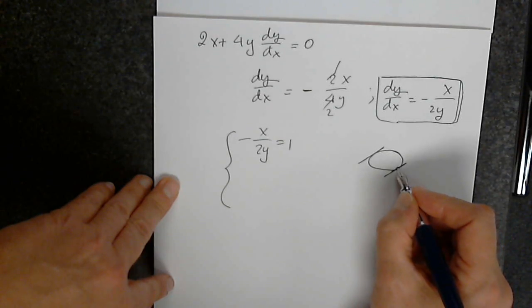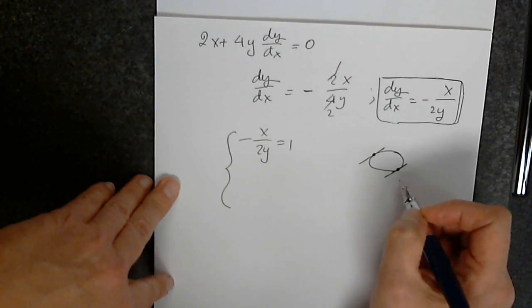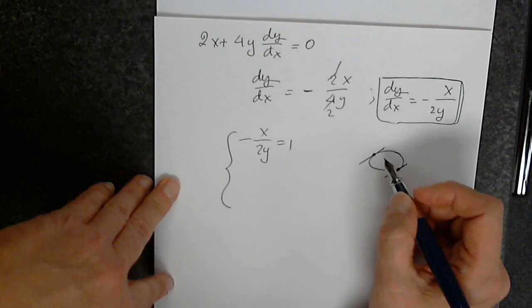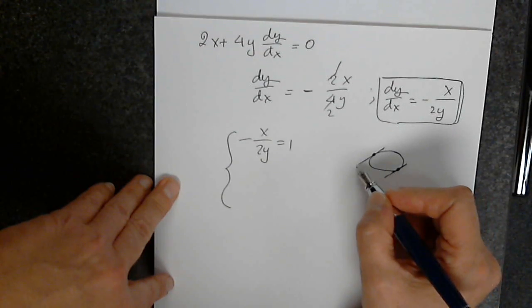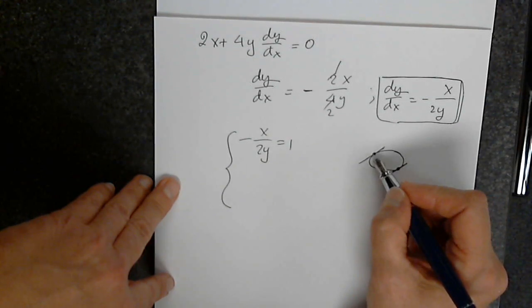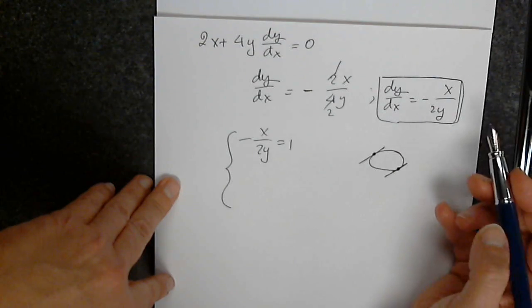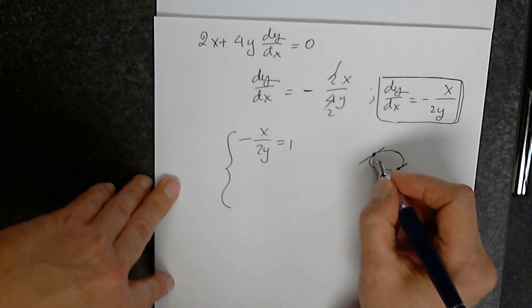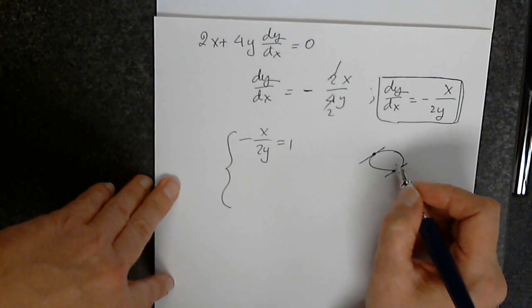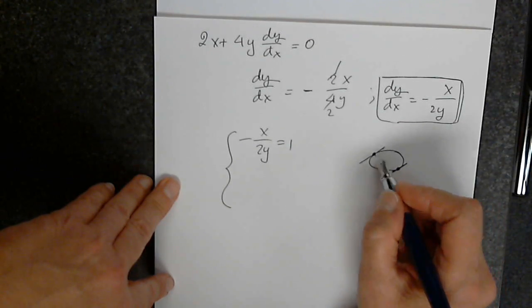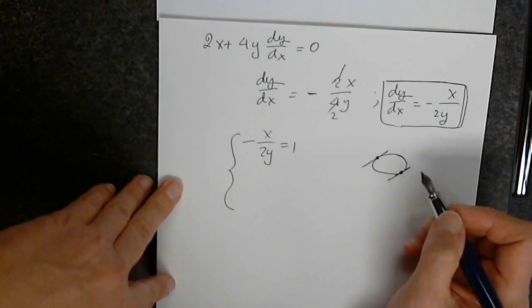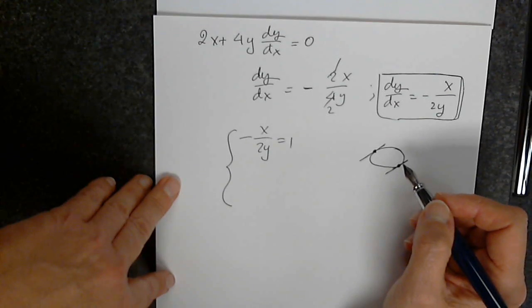So this point is on the line, right? So this has slope of 1 clearly, but it's also a point on the ellipse. Its coordinates have to verify the equation of the ellipse.